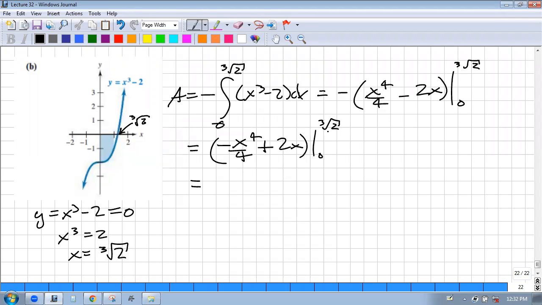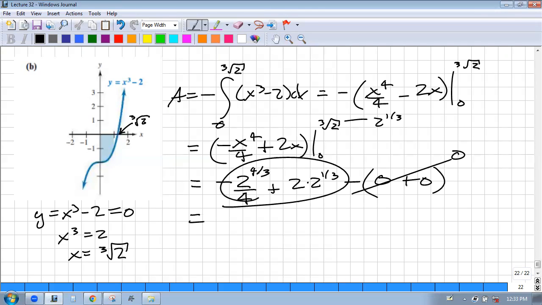We have a negative. This is 2 to the 1/3, right? If I raise that to the 4th power, I have 2 to the 4/3 over 4, and then 2 times 2 to the 1/3. Now I need to subtract, and I plug in 0. So 0 plus 0, right? If I plug a 0 in, it's all zeros.